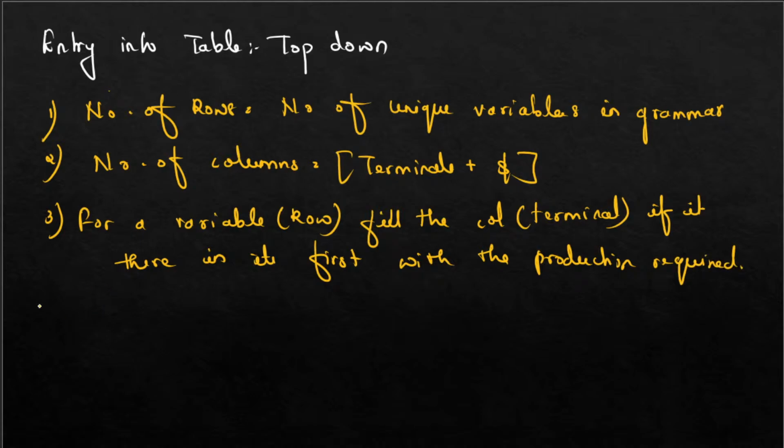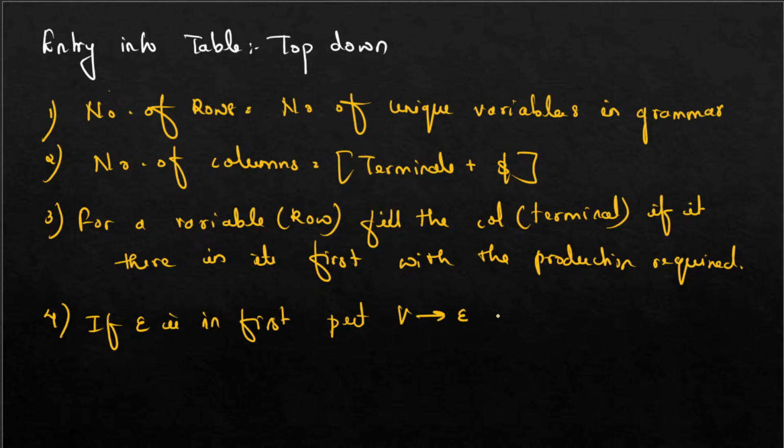All right, after that, fourth one is if epsilon is in first, okay, so put epsilon under dollar and its follow. In follow and under dollar you have to put. Okay, and fifth, if any cell has multiple items, then it is not possible to have an LL1 parser.